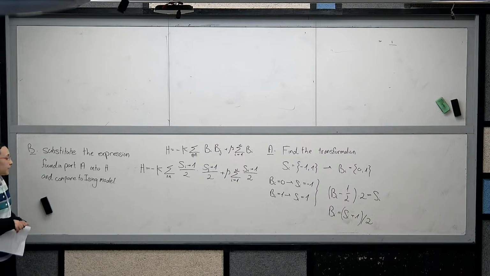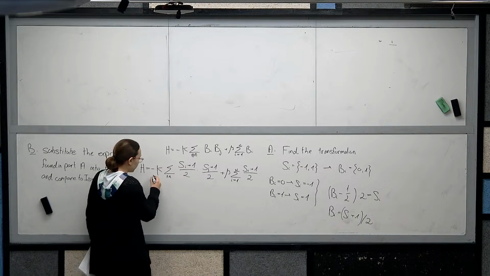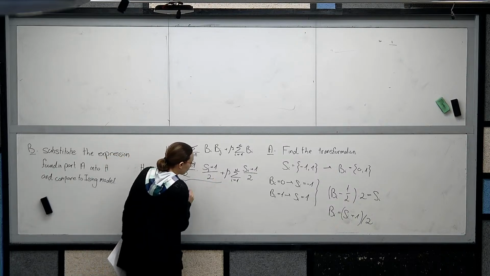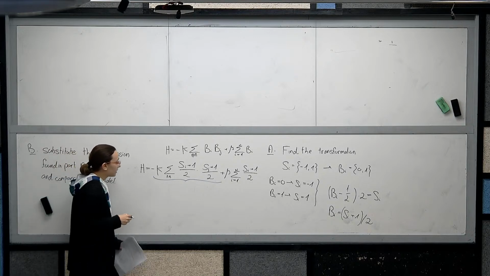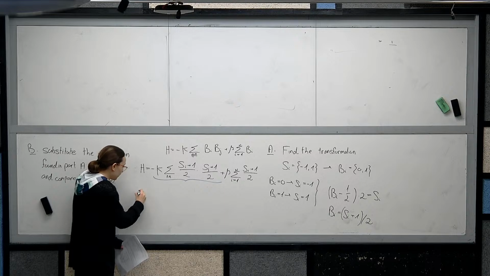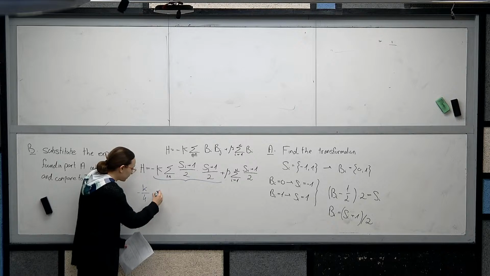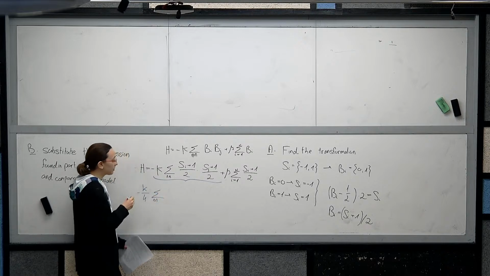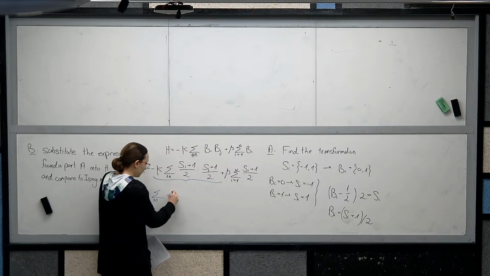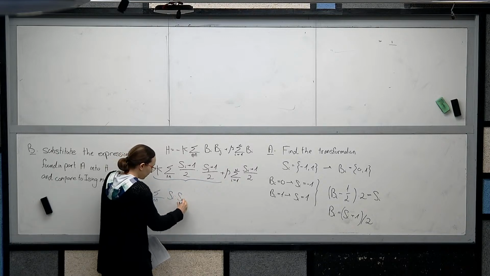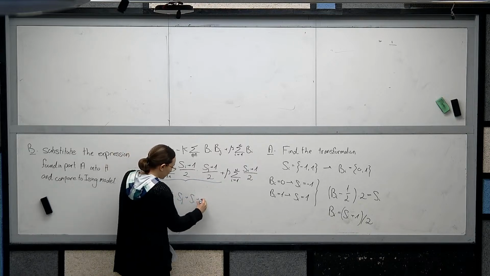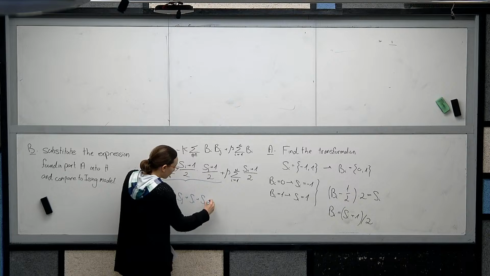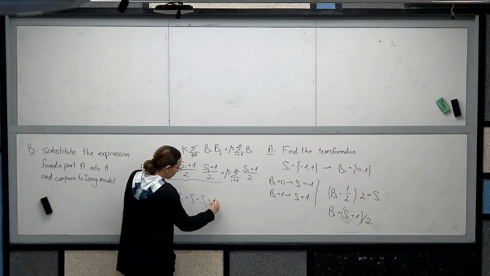Okay, let's first look at the more complicated summation, this one. Inside the summation we get minus k divided by 4. Let's put it outside the sum. We have summation on nearest neighbors, and then we have Si times Sj plus Si plus Sj, plus 1.